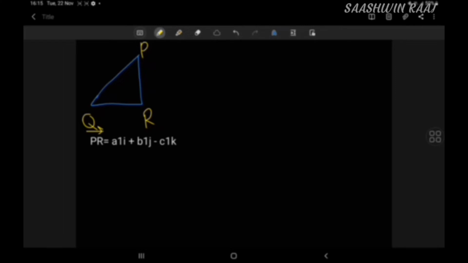This line is drawn to show the direction from P to R. So next, write RQ, which equals A2i plus B2j plus C2k.